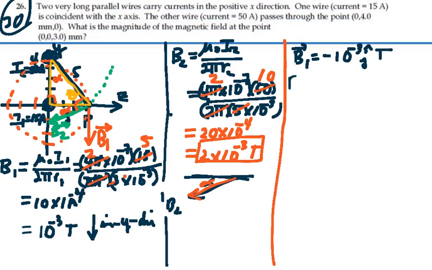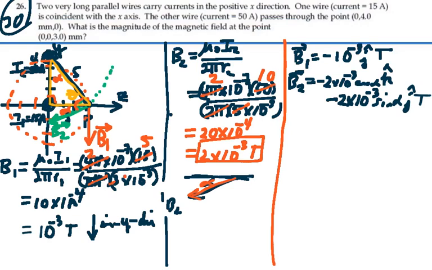And B2 would have two components, one in the negative z direction, which would be negative 2 times 10 to the minus 3 cosine alpha k, minus 2 times 10 to the minus 3 sine alpha j Tesla.